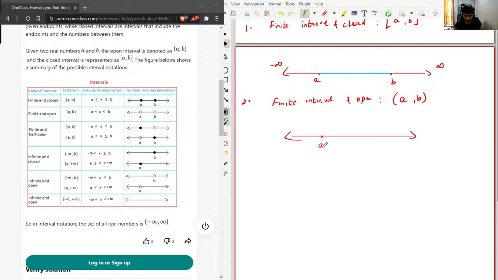Let's say this is the value a, this is b, then my function will be defined.